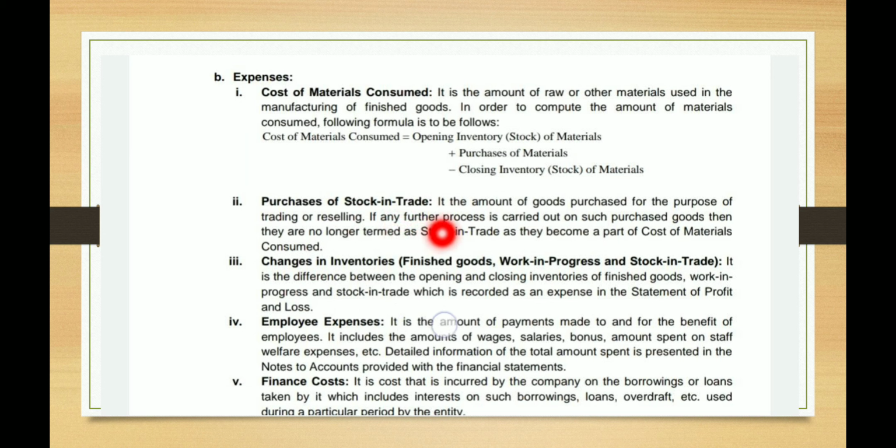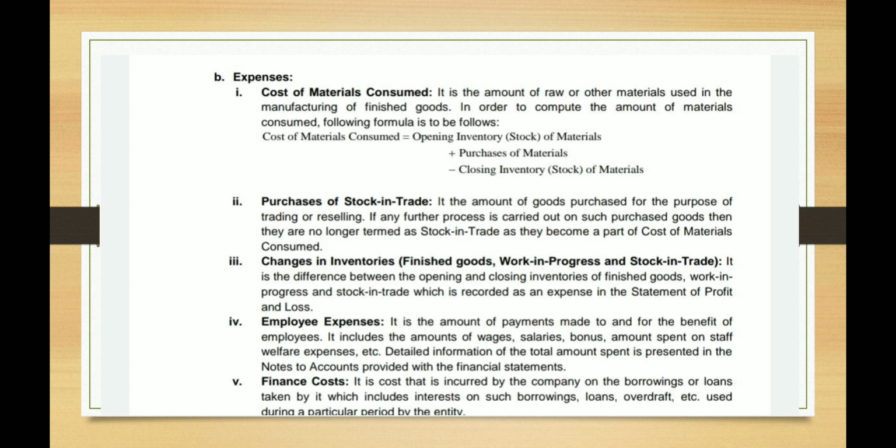If any further process is carried out on such purchased goods, then they are no longer termed stock in trade. If you use goods for personal purposes, as drawings, or any other purpose, they are not included in stock in trade because they are not in trade now. They become part of the cost of material consumed.